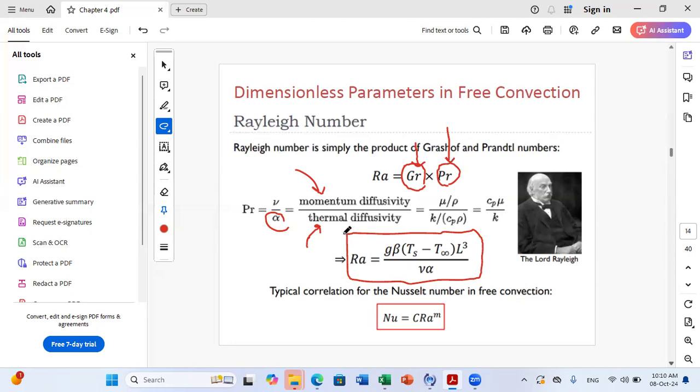And typical correlations of Nusselt number in free convection are of the following form. For example, if you have Rayleigh between A and B, use C equal to 10, for example. If Rayleigh varies from B to C, use another value for the constants C and M. So the values of C and M will vary depending on the Rayleigh value.